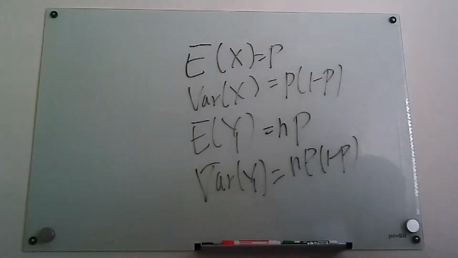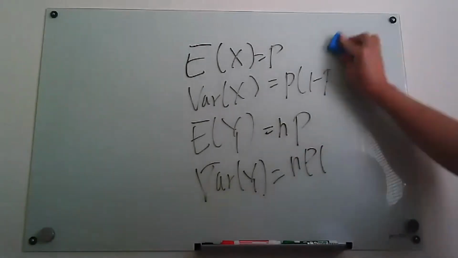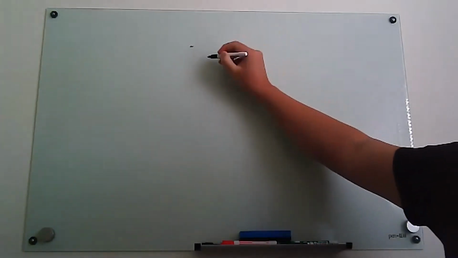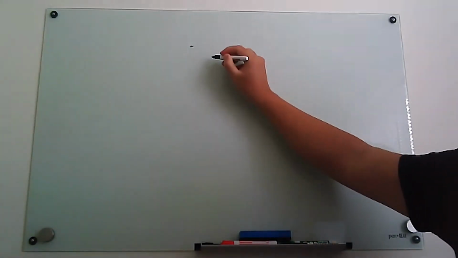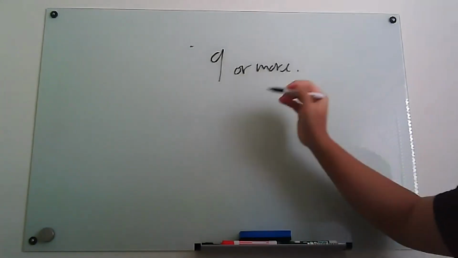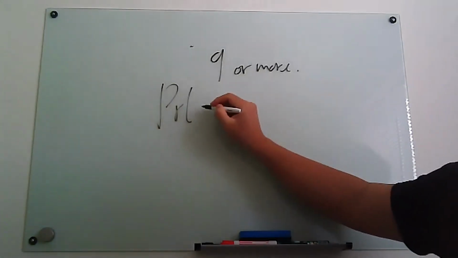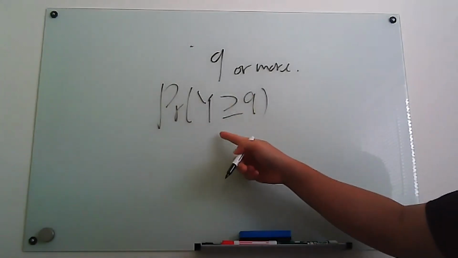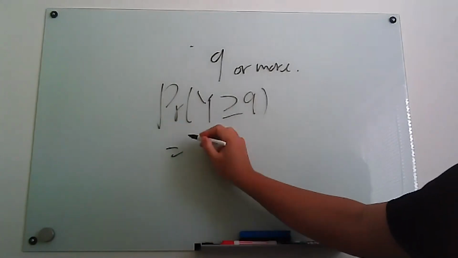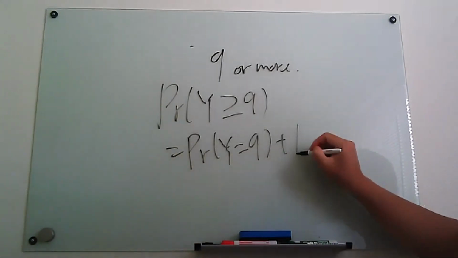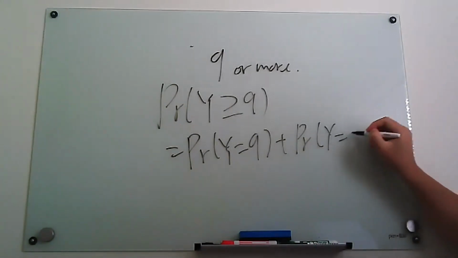As we said from the question, as long as there are 9 or more, that means we are looking for the probability of y greater than or equal to 9, right? The maximum number is 10, so this would be the probability of y equal to 9 plus the probability of y equal to 10.